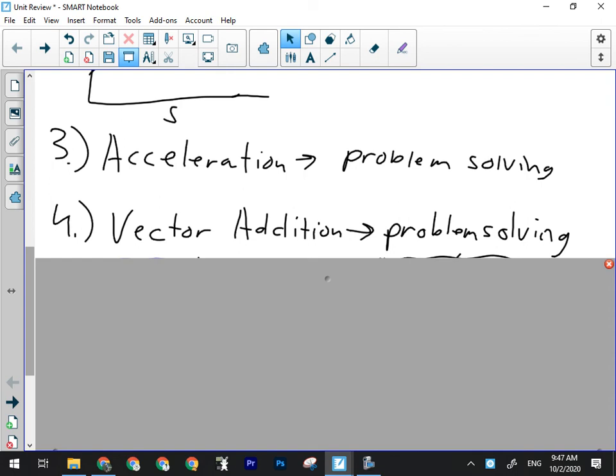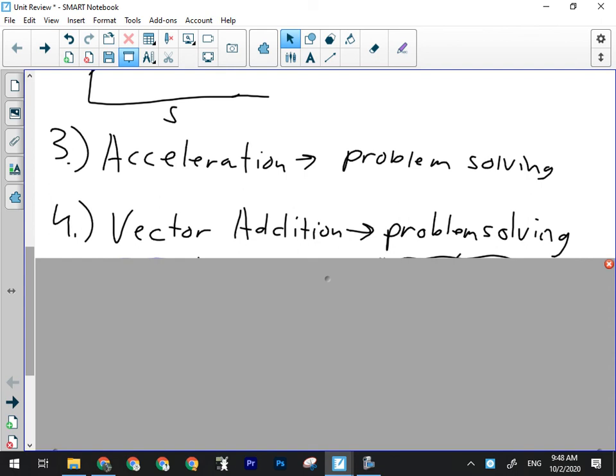I would refer you back to the Walmart trick we talked about that day. We went over that in class: if I walk to Walmart, then I walk all the way back, what's my displacement? What's my velocity? Stuff like that.